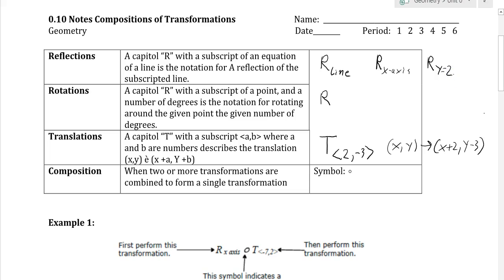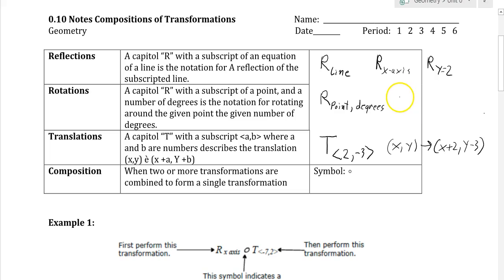So capital R, and then with the subscript of a line tells you, oh, that R means reflection. This is the line I'm reflecting over. Whereas you can also use a capital R to say rotate. You subscript a point to rotate around, and then the number of degrees you're going to rotate. So for us, that's 90, 180, or 270.